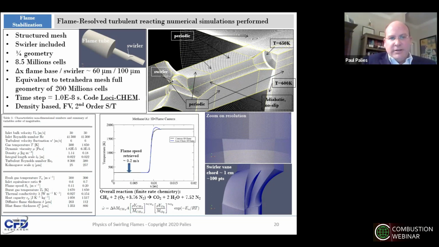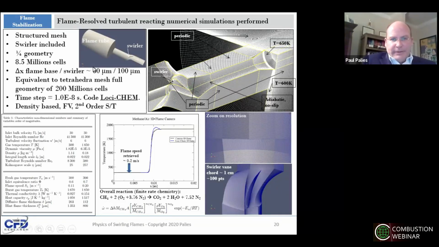It consisted of a water domain with two veins. Here you see the swirler vein. There are 8.5 million cells. It's a very refined mesh in the combustion zone. Far from the combustion, it's less refined. I use a single-step chemistry mechanism here, and the equivalence ratio is 0.7.